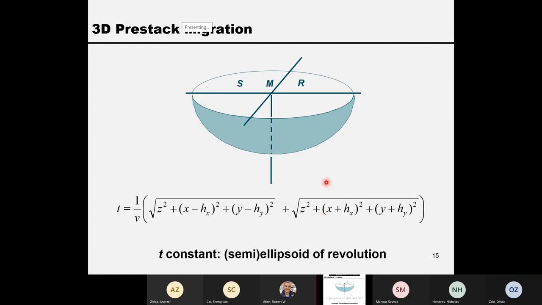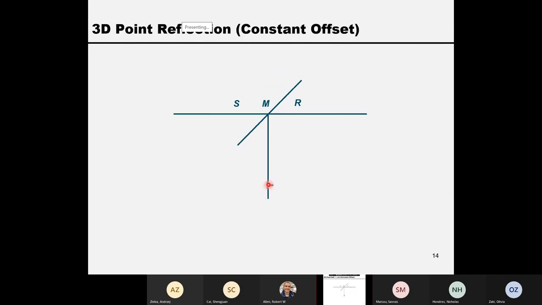That's the migration principle. So that means if you take one sample from your 3D, in this case it's called a constant offset cube. Constant means your hx in the x direction has the same value, and in the y direction another constant.